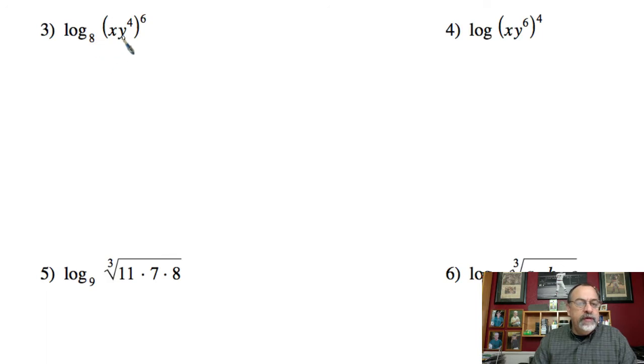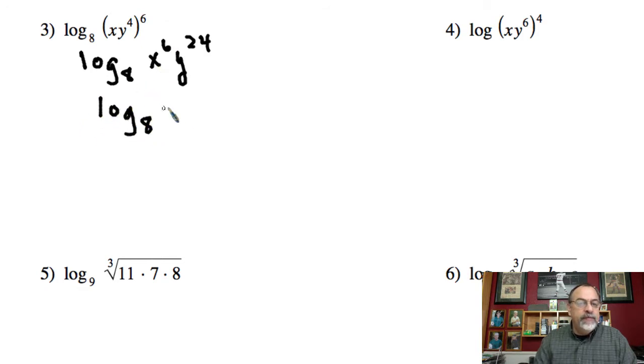In this example, we have a power to a power here, and so I need to handle this first. So to raise this power to a power, we multiply these exponents together. Then we can go ahead and apply the properties. So I'm going to have log base 8 of x to the 6 is being multiplied, so we add log base 8 of y to the 24th.